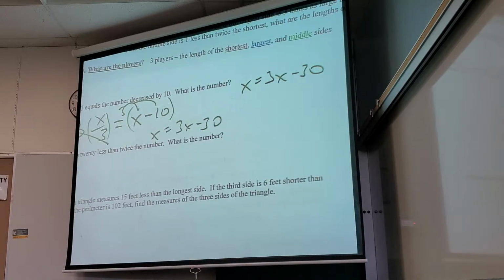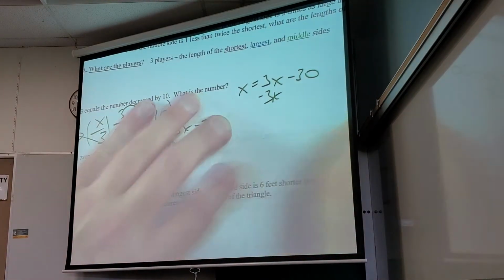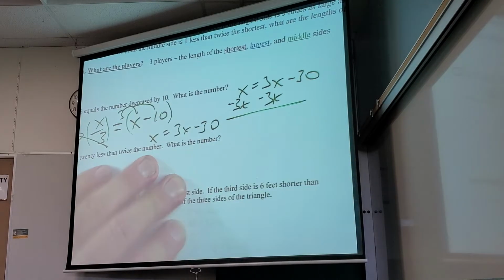You guys see that? Normally we try to keep the x positive, but here I'm going to subtract 3x because that's the only thing on the wrong side. That 3x better get out of the way. Move, x.